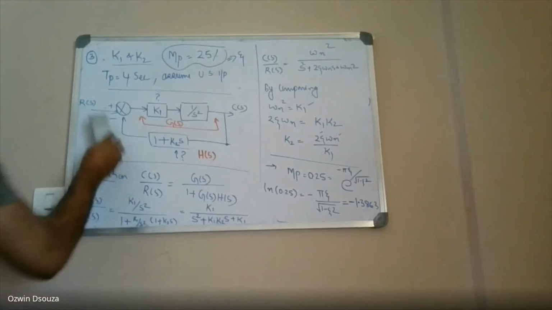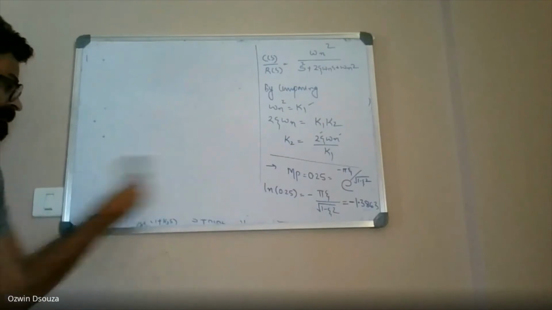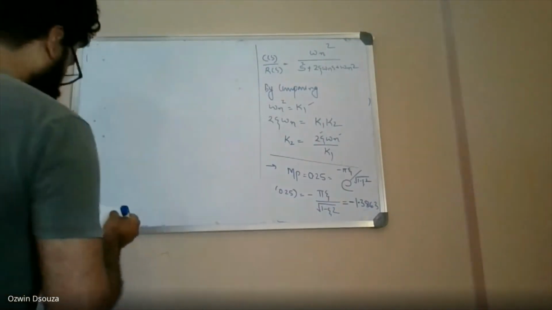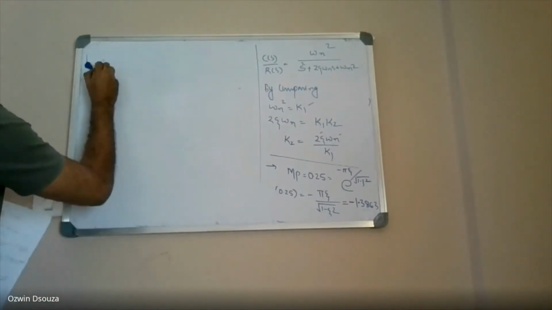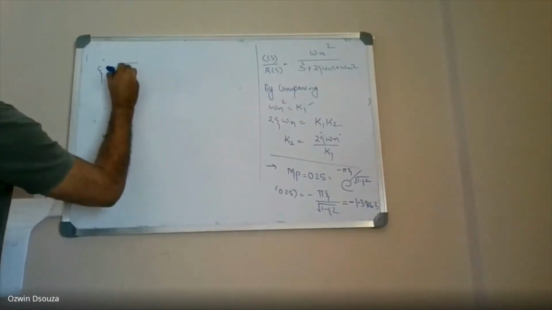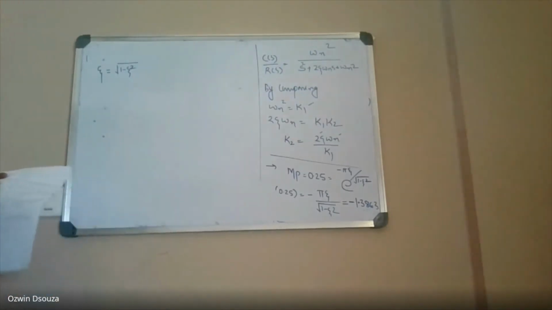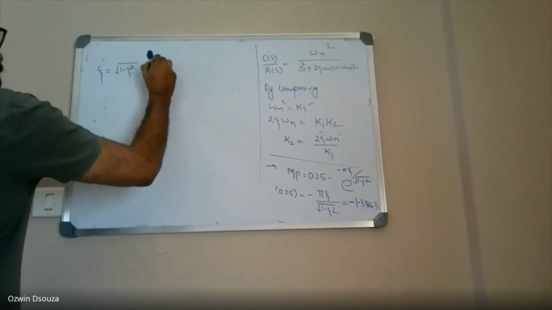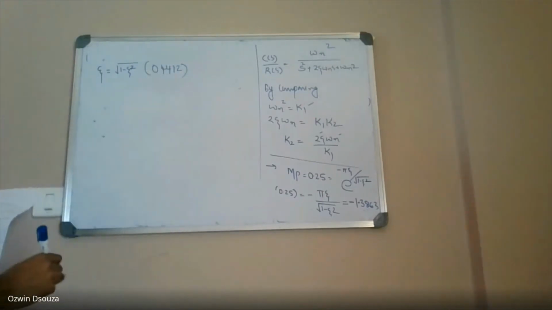So this negative sign gets absorbed, and if you substitute pi as 3.14 and carry out further simplification, you can write zeta divided by under root 1 minus zeta square equal to 0.4412.